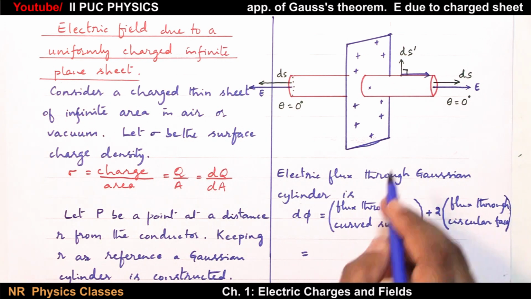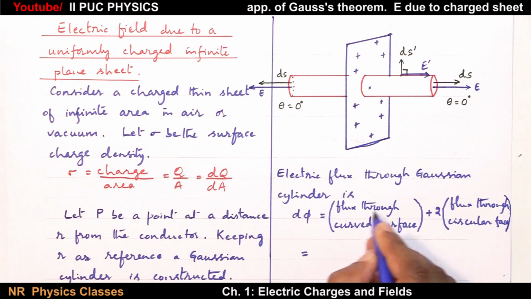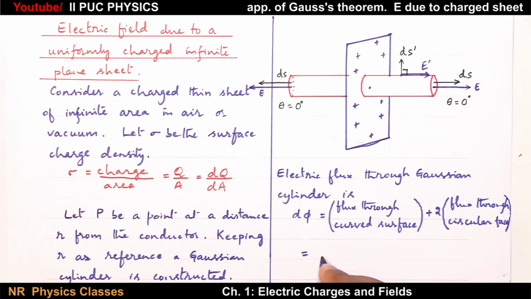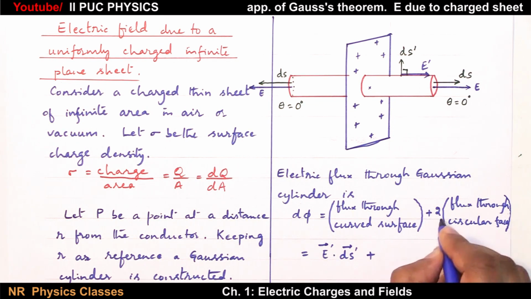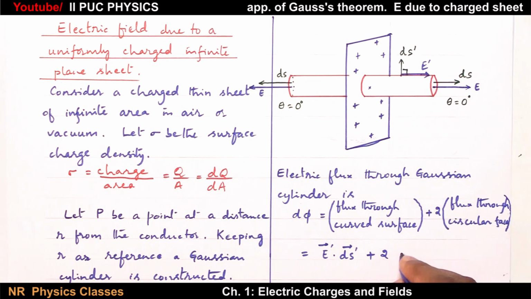Equal to, let this electric field be E dash. So flux through curved surface means electric field dotted with ds dash, plus 2 times flux through the circular face, which is electric field dotted with ds.